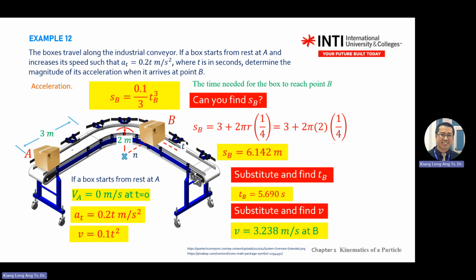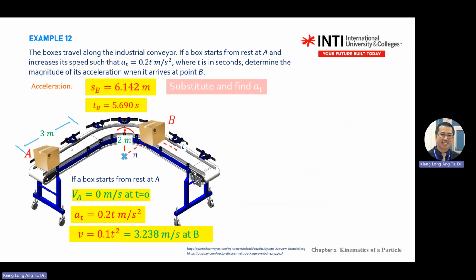Okay. V also you can find, because in terms of t, substitute the time value here, and you solve for the answer. So V equal to 3 point something, again 3 significant place or 3 decimal place. Okay, once you find your AT, you can solve for this equation already.